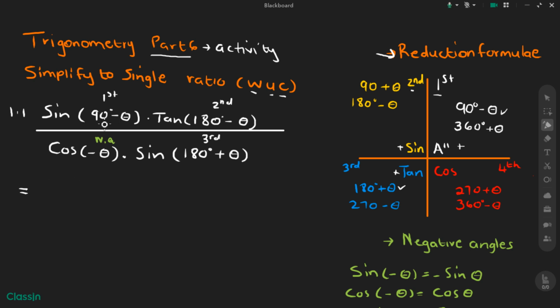So in the first quadrant, what do we find? We find A. What is the meaning of A? It means that all ratios in the first quadrant are positive.